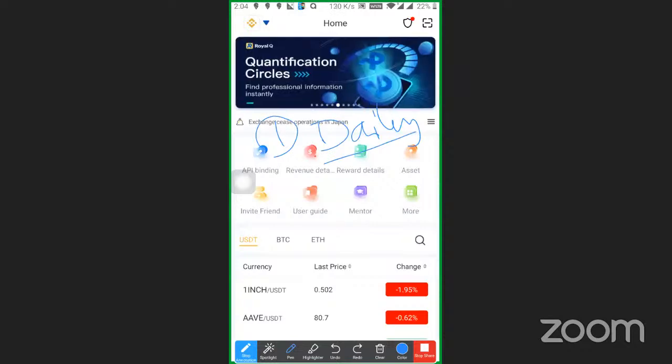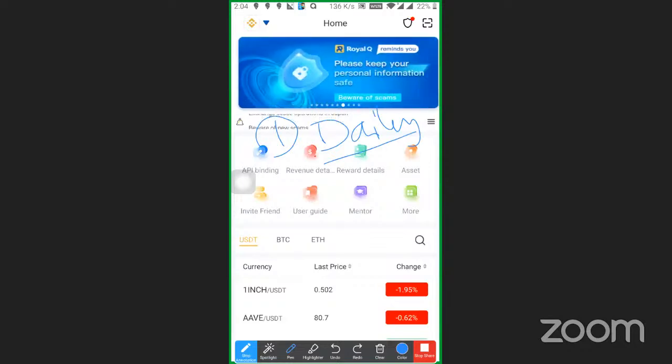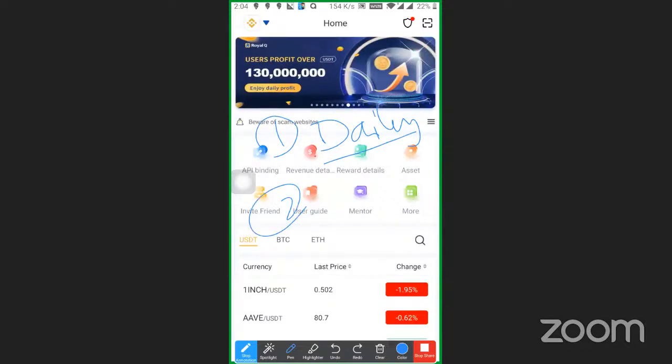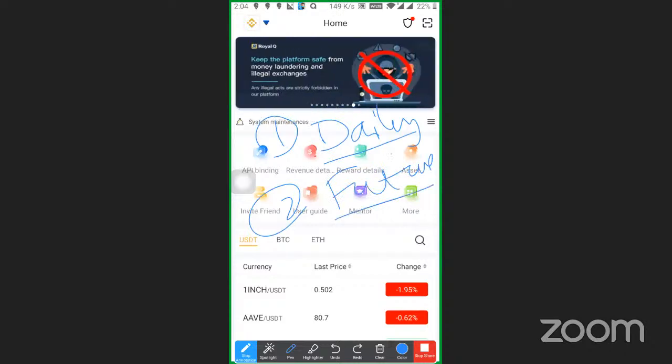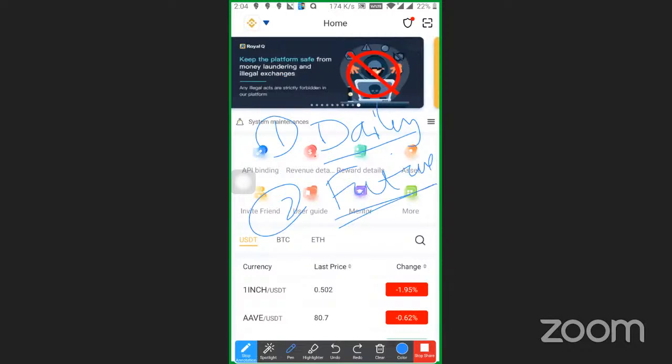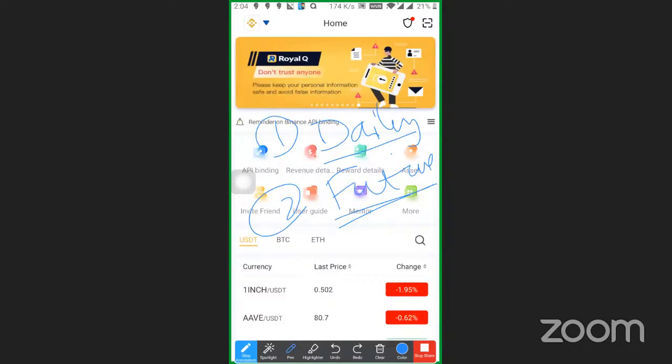We want to travel daily. We need petrol, we need gas for our vehicles. And second, we want income for the future. So we have two purposes, right? And Royal Q provides a solution for both of these purposes.